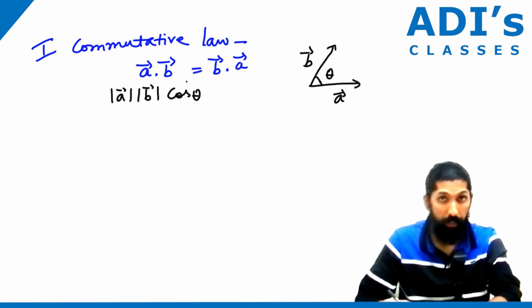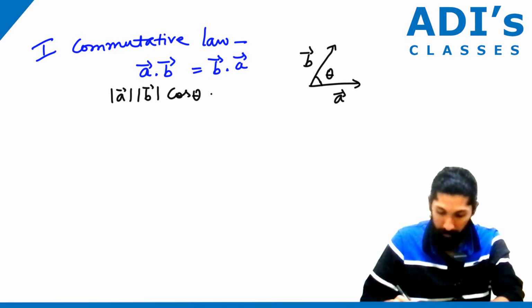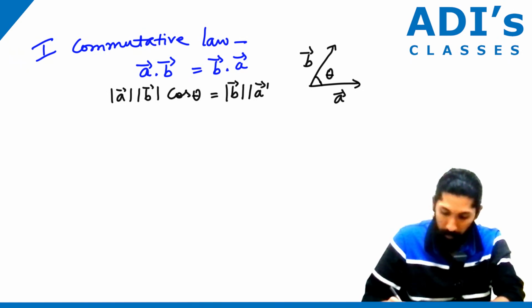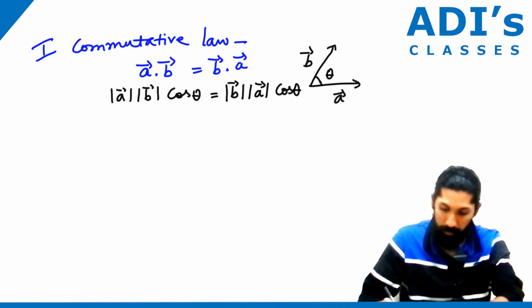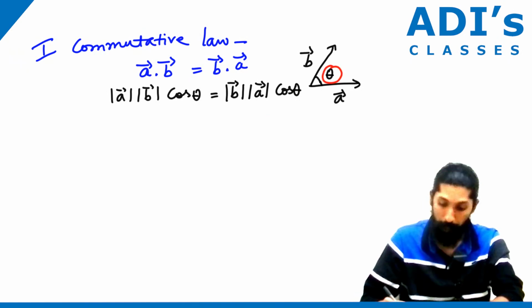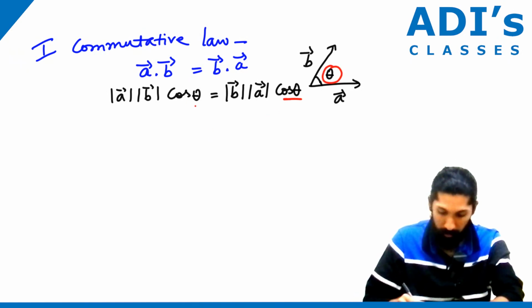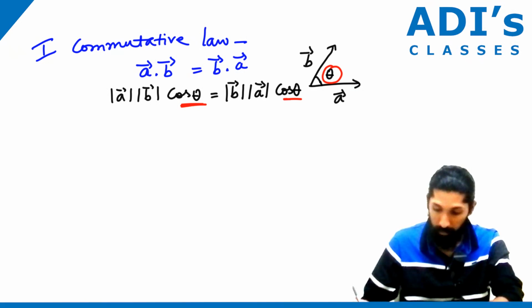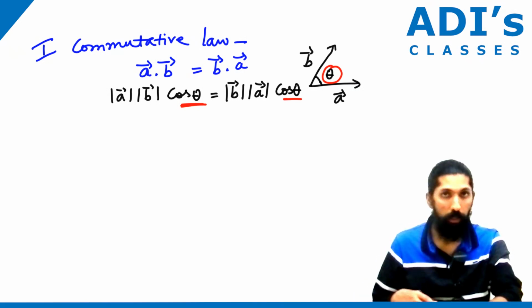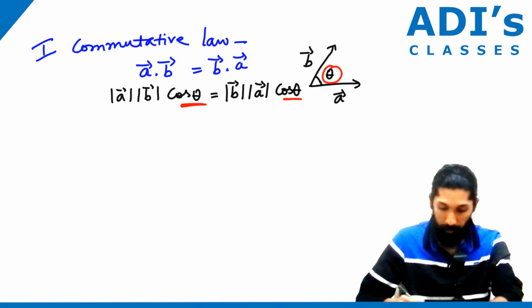Now when you take B dot A, we can write this as mod of B into mod of A into cos theta, because the value of theta remains the same, isn't it? This is also theta, this is also theta. There is no difference whatsoever. That's why vector A dot B and vector B dot A, we can expand it like this. Now, we know that cos theta value is the same.